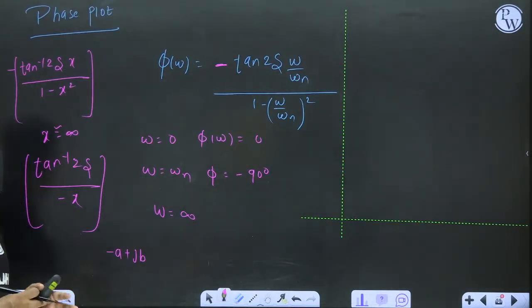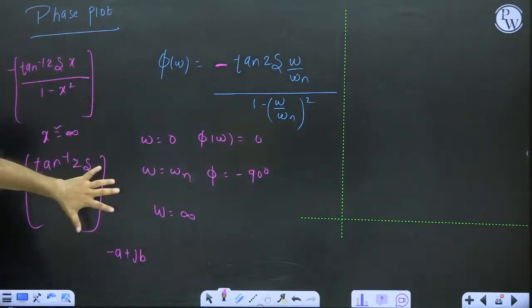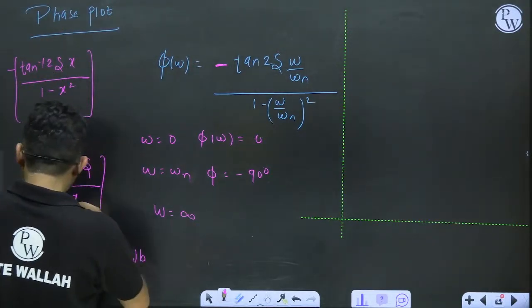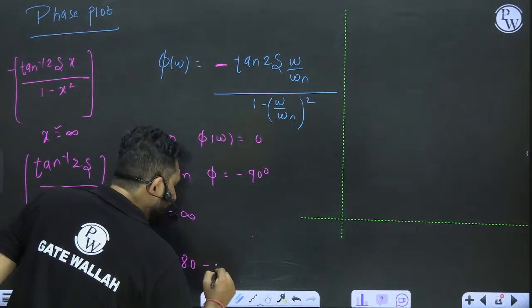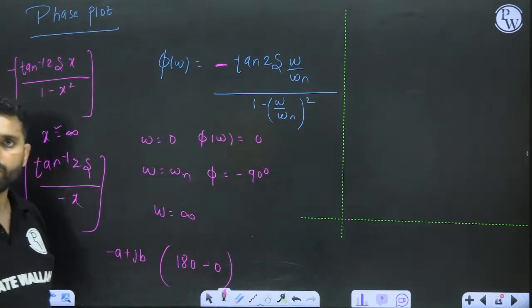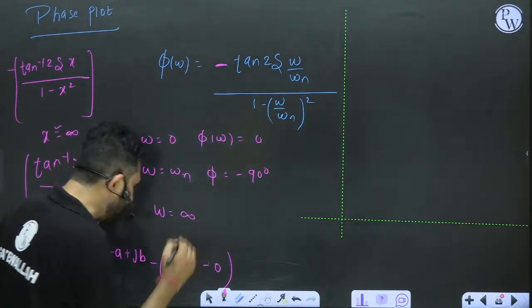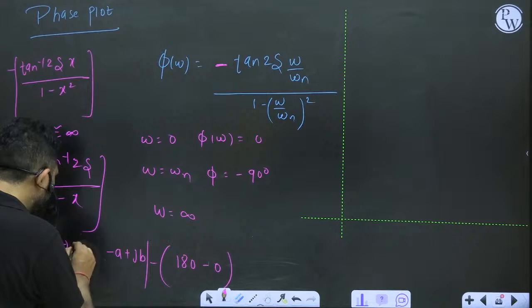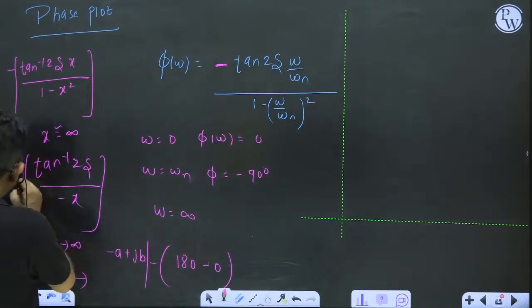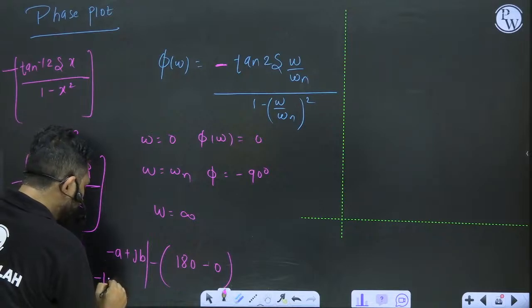So when x tends towards infinity, a very large value, this is nothing but 0, but don't forget that it's 180 degrees. So 180 degrees minus 0. But don't forget the minus sign here. So when x is tending towards infinity, because of this minus sign outside, the angle is minus 180 degrees.